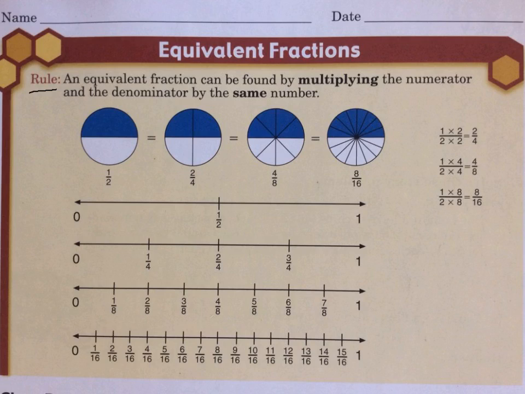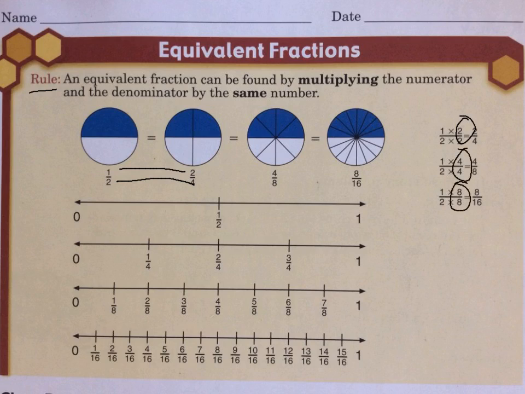So what they've done here is taken 1/2 and multiplied it by 2. Well, 1 times 2 would be 2, and 2 times 2 would be 4. As long as you multiply the top number and the bottom number by the same number, you're going to get an equivalent fraction.